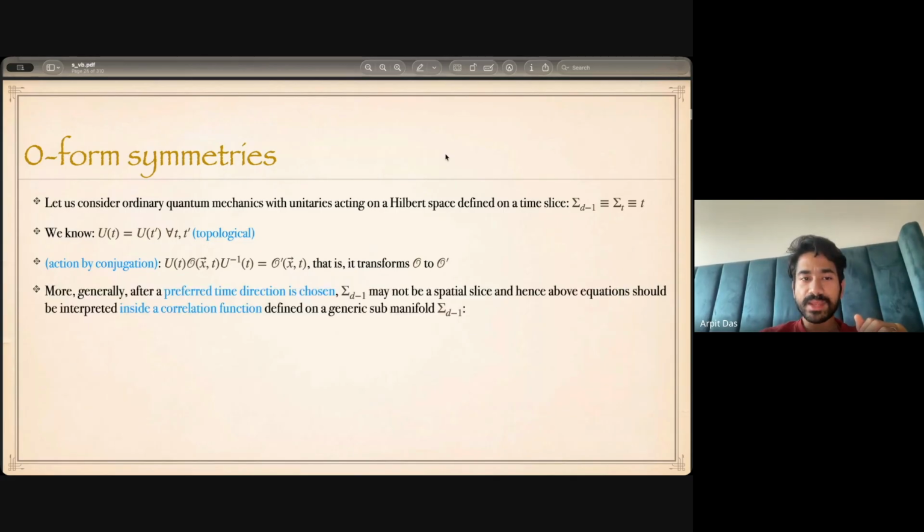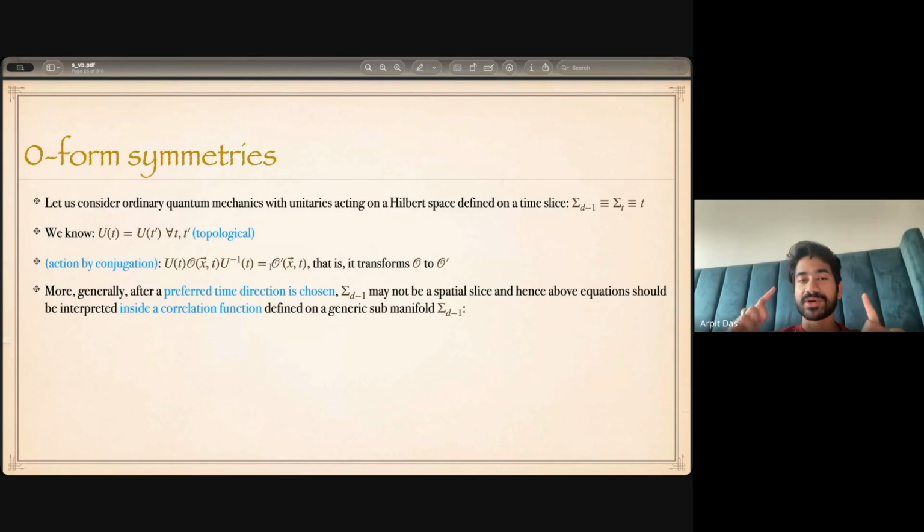Now, however, in the most general scenario, you may not be able to decompose your spacetime into three space directions and one time direction. So you may not have a preferred spatial slice. So in those cases, such a conjugation action should be interpreted as an equation written inside some correlation function, and not just an equation like this.